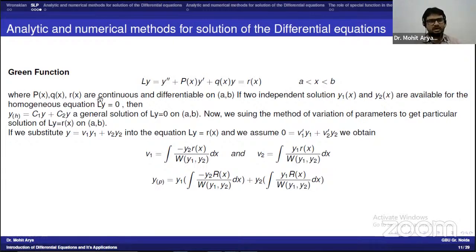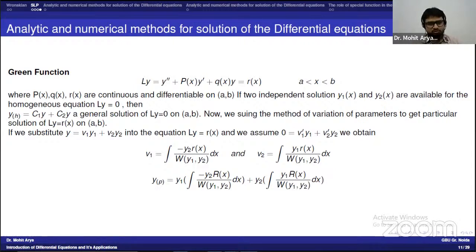If p(x), q(x), r(x) are continuous on (a, b), and two independent solutions y1(x) and y2(x) are available for the homogeneous equation Ly equals 0, that means r(x) should be 0, then y_h equals C1 y1 plus C2 y2 is the general solution of Ly equals 0 on (a, b). Now we pursue the method of variation of parameters to get a particular solution of Ly equals r(x) on (a, b).